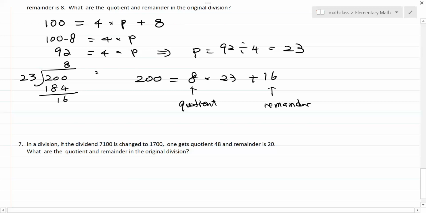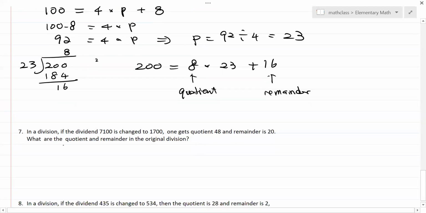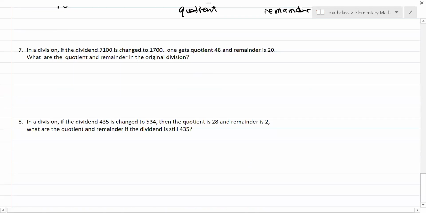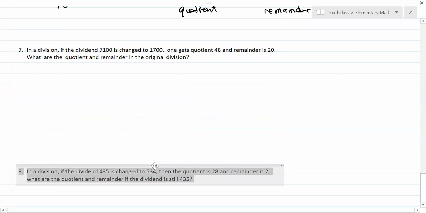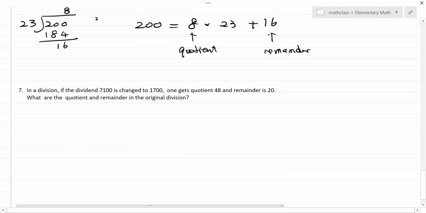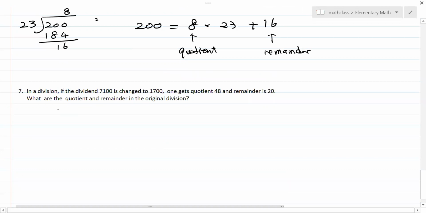So how do we do that? First of all, let me move this problem down here a little bit. 1,700, you use that number and divide by the divisor, you get a quotient of 48. The divisor we don't know.